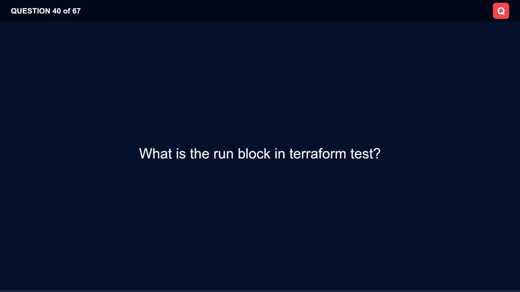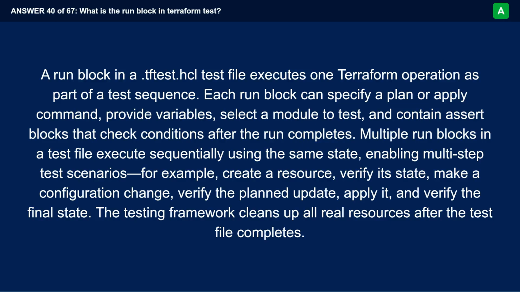What is the run block in Terraform test? A run block in a .tftest.hcl test file executes one Terraform operation as part of a test sequence. Each run block can specify a plan or apply command, provide variables, select a module to test, and contain assert blocks that check conditions after the run completes.